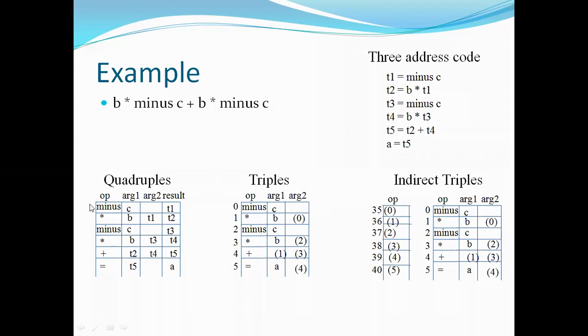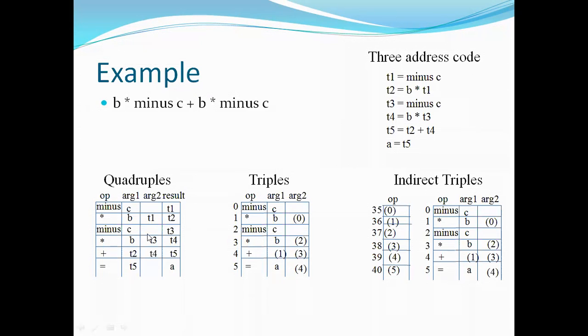For serial number 0, the result is T1. For serial number 1, the result is T2. For serial number 3, the result is T3, and so on. Here, in the place of T1, I am taking the reference number 0.